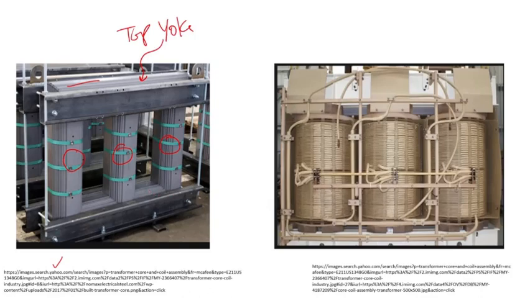This is the bottom yoke. The yokes basically connect the limbs, because the core has to be a complete circuit. Then you have these frames here, or core clamps, to keep the core together, because it's laminated. This is just one, there are different technologies.